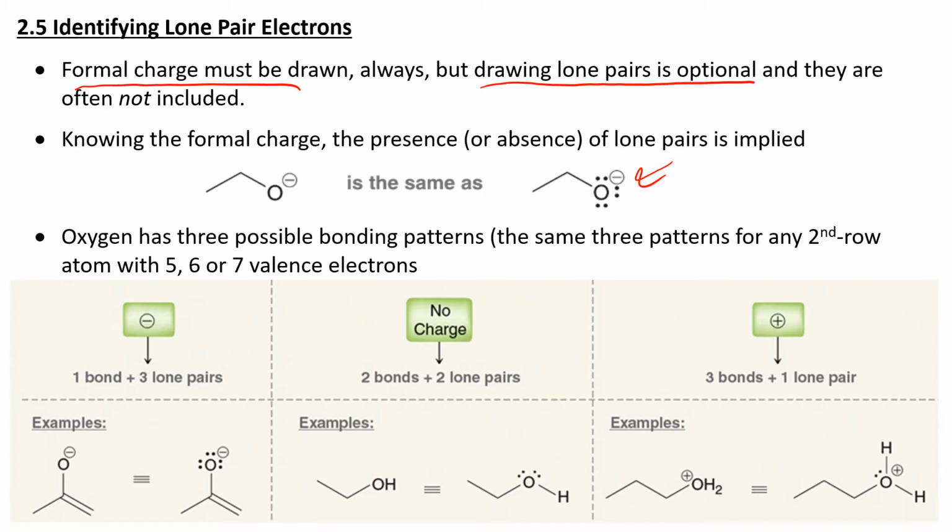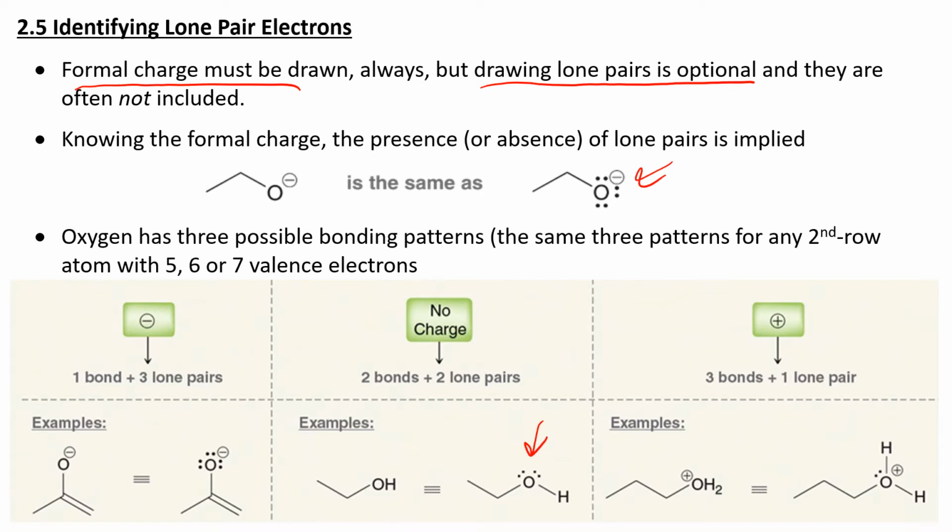Oxygen has 3 possible bonding patterns in which the oxygen has 5, 6, or 7 valence electrons. So you're going to see 8 electrons around it, but remember, oxygen only has 6 when it's neutral, such as in the middle.